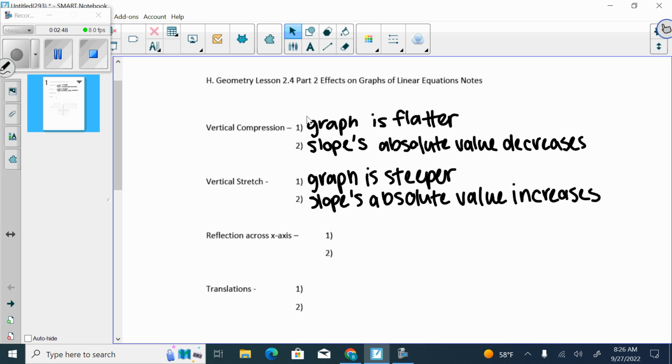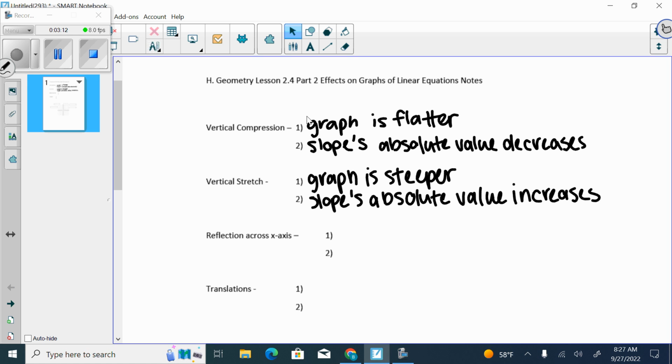Alright, then we have our reflection across the x-axis. So this is where your negative comes into play. So my negative is not going to affect compression or stretching, but a negative is what's going to reflect your graph. So whenever you reflect across the x-axis, remember our x-axis runs this direction.